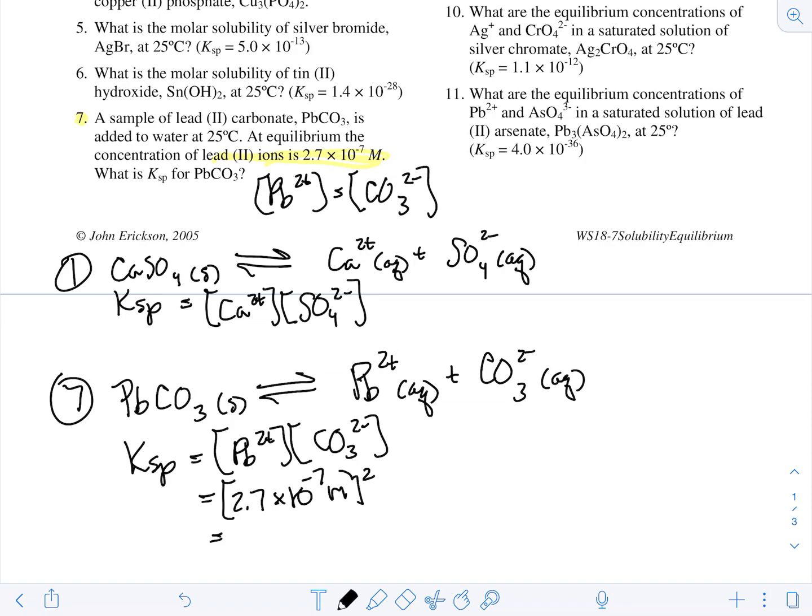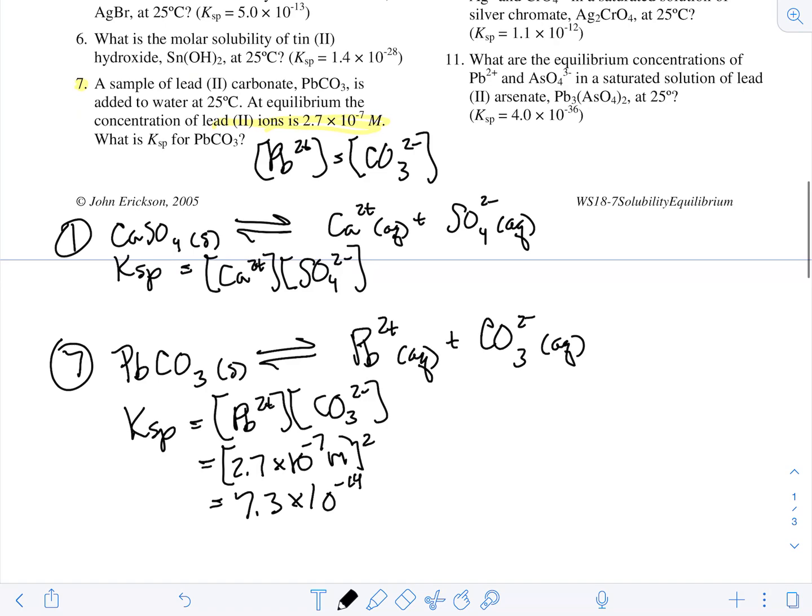So 2.7 times 10 to the negative 7th squared is 7.3 times 10 to the negative 14th. And once again, equilibrium expressions have no units, so you can pretty much leave that as a pure number.